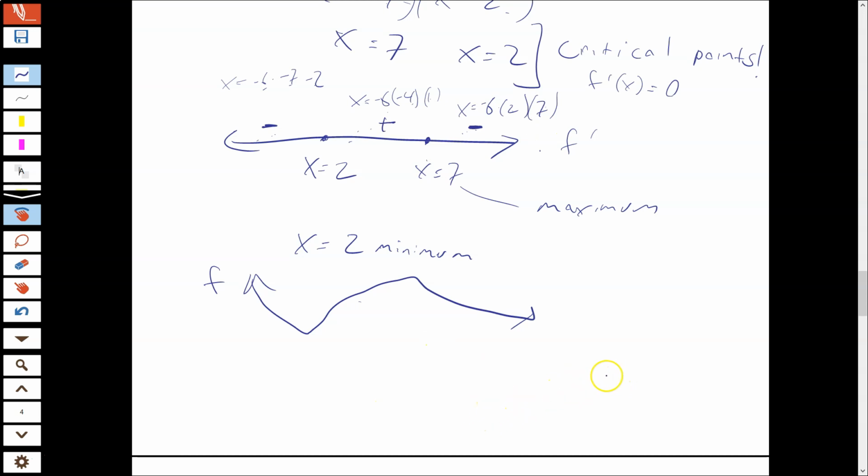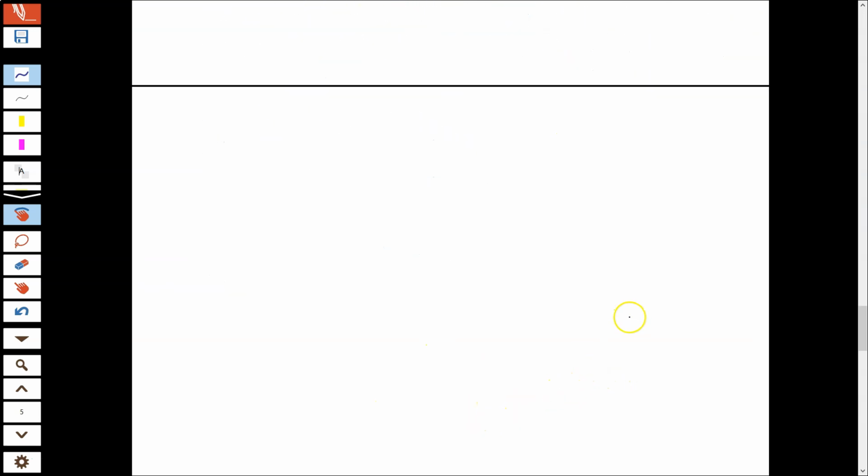So, for example, if I had, this is the next page, if I had a sign chart that looked like this, negative, and we'll say this is x equals 5, and then negative again, x equals 5 would be nothing. It would be a critical point, but is not a max or a min.